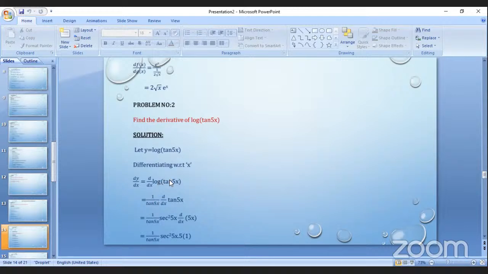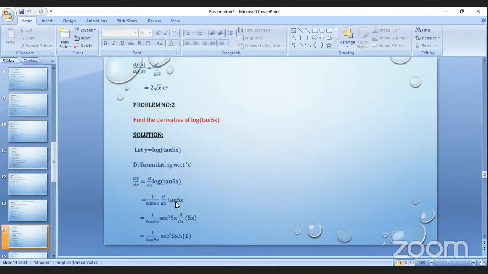So the derivative of log tan 5x is 1 by tan 5x, and we derive the remaining function, that is d by dx of tan 5x.